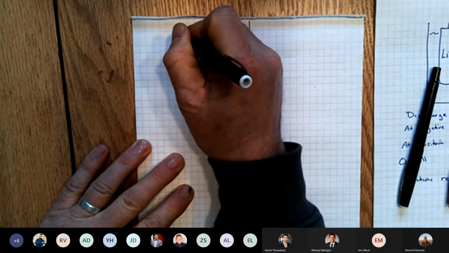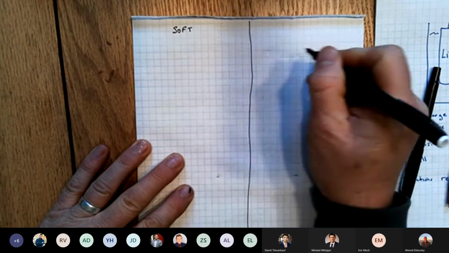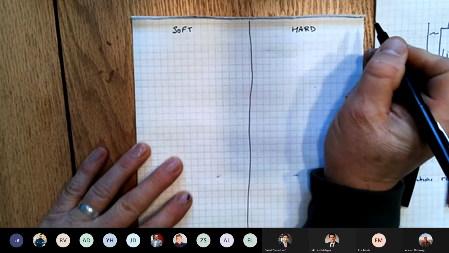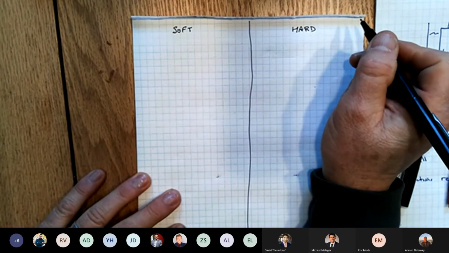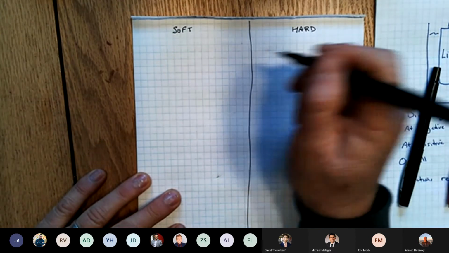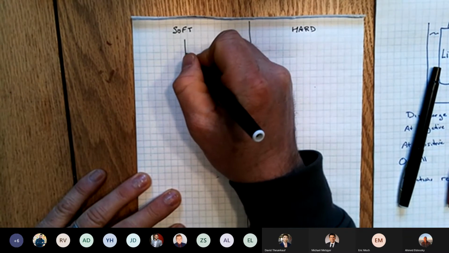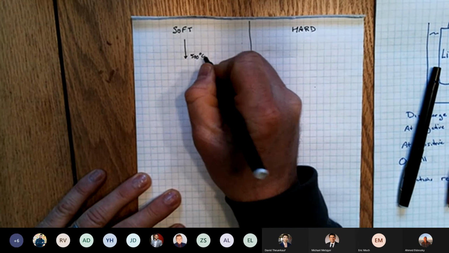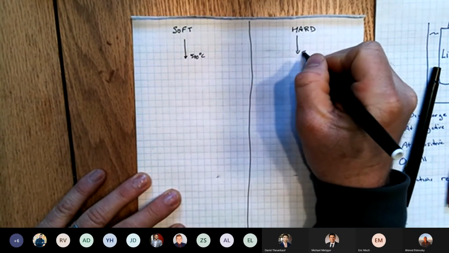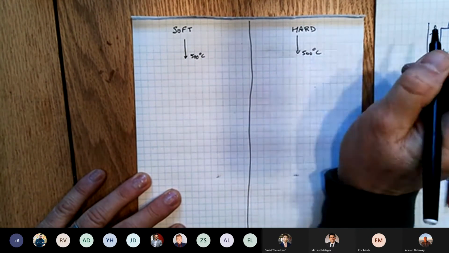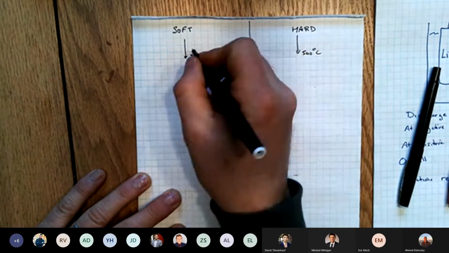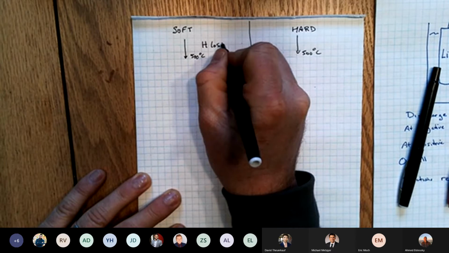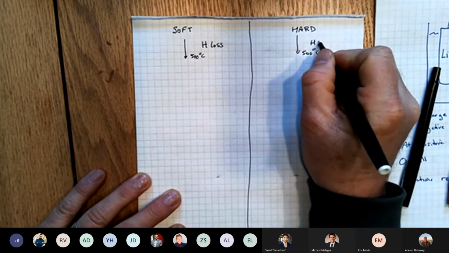So I'm going to start at the top of the page and work down. And this will be soft. And this will be hard. Okay, so you start with a precursor in both cases. And as you heat up to about 500 degrees C, the main things that happen are hydrogen loss in both cases.